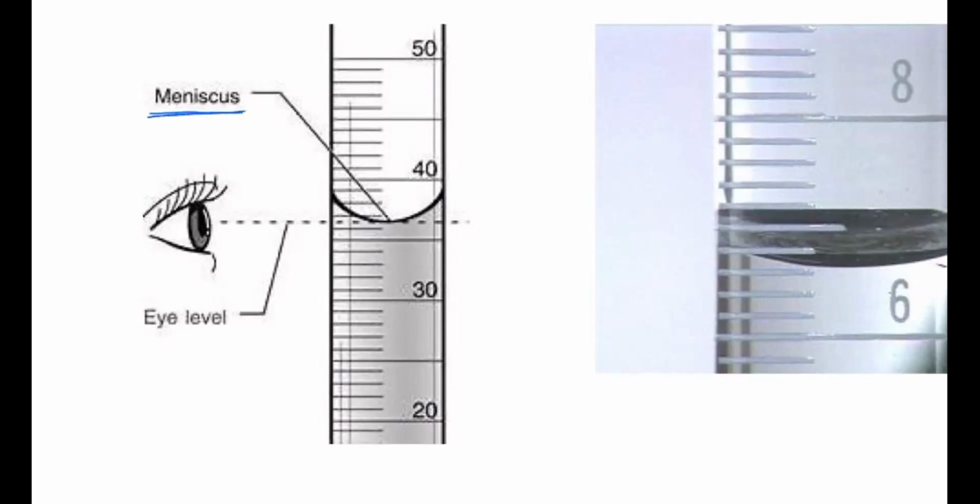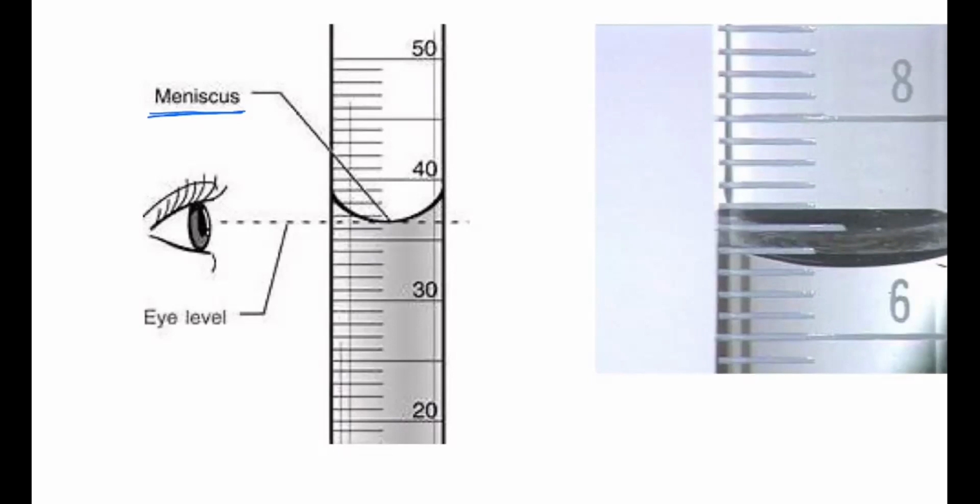So the meniscus is this curvature that just comes from your substance interacting with the container that it has. Now, that curvature, you can see that it is pointing down, and that means that that is a concave meniscus. But understand that there are substances that have that curvature pointing up, and that is a convex meniscus.